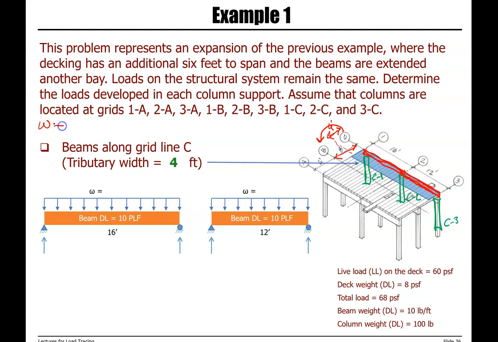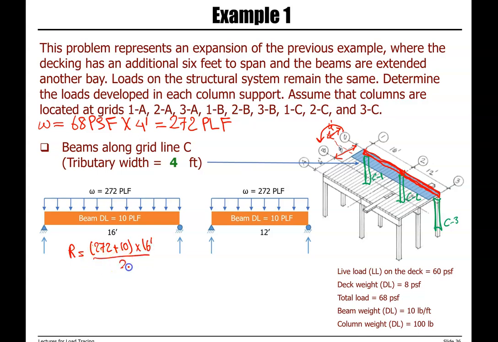The load is equal to the area load times tributary width. The reactions: 272 plus 10 times 16 divided by 2 and 272 plus 10 times 12 feet divided by 2.